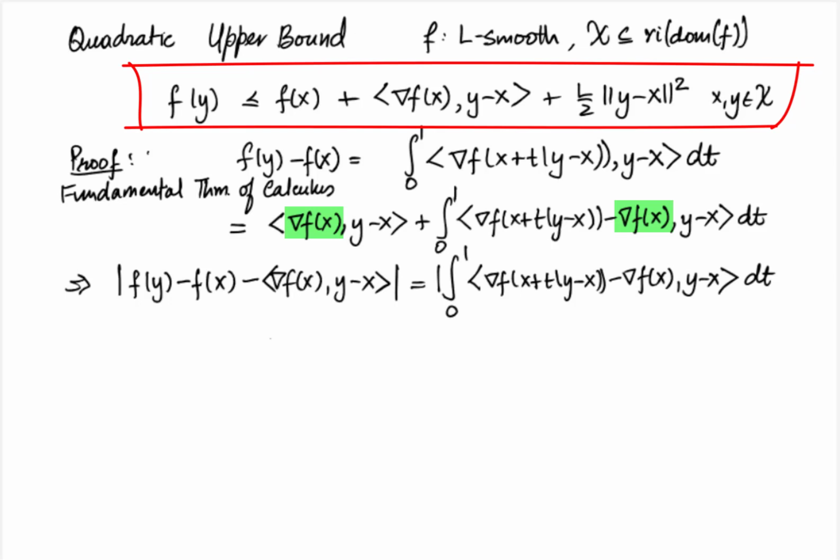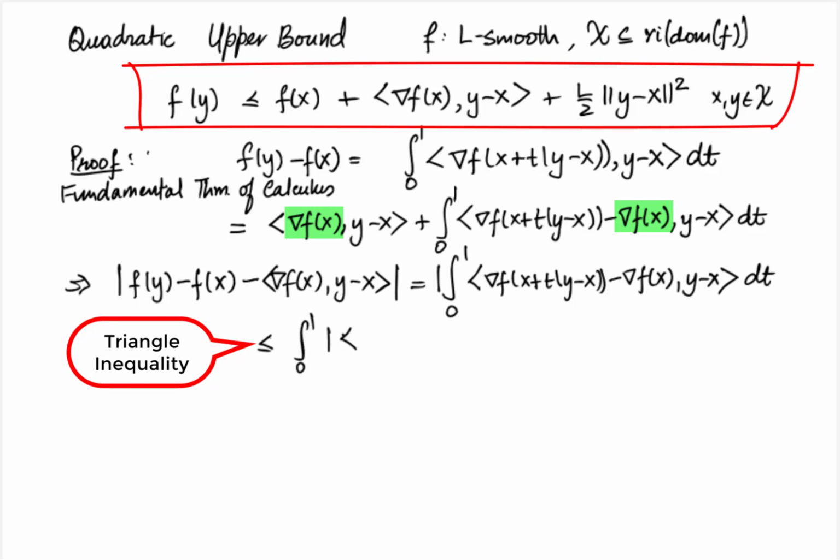At this point, we want to take the absolute value inside the integral, which is basically the use of the triangle inequality, yielding the bound: the absolute value of f of y minus f of x minus gradient f of x inner product with y minus x is less than or equal to the integral from 0 to 1 of the absolute value of the inner product of gradient f of x plus t times (y minus x) minus gradient f of x with y minus x, dt.